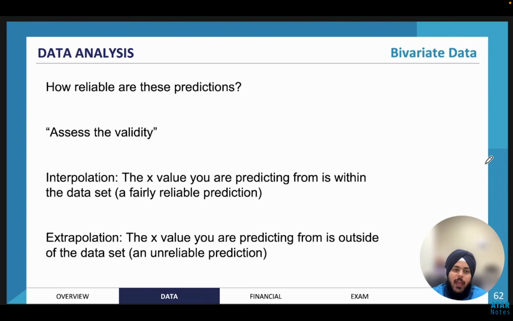So let's say in a particular data set, you're given x values between 10 and 30. And let's say you want to predict what the y value will be using your model when the x variable is 26.